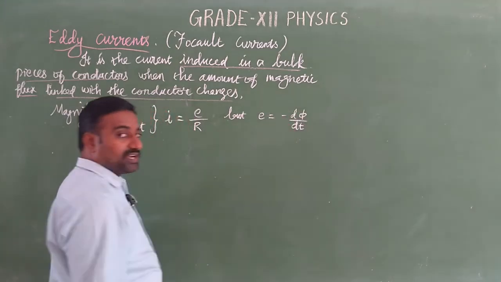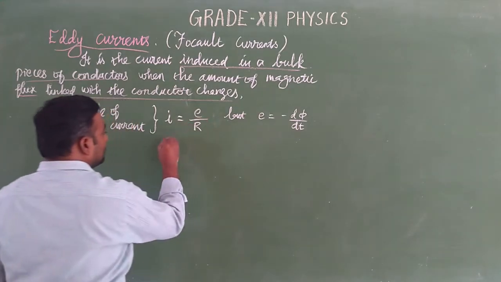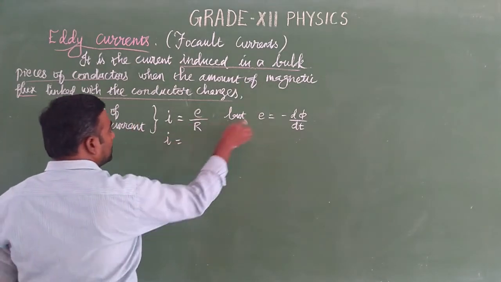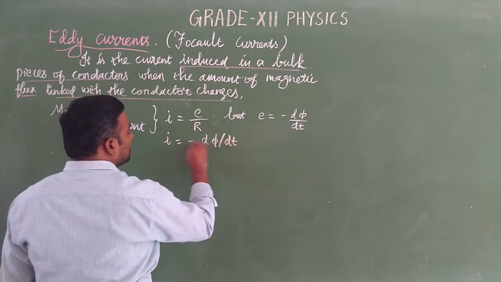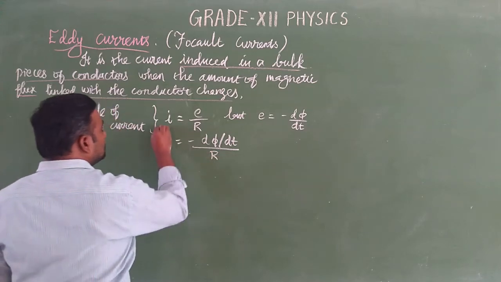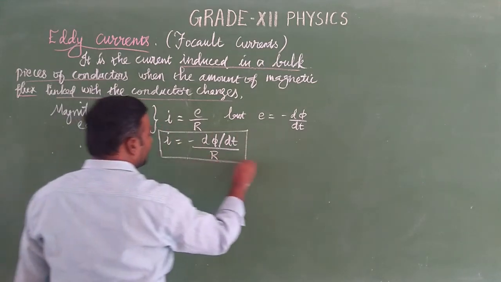The negative sign indicates what, that also we know. Then substitute it. Therefore the eddy current I is equal to minus dΦ by dt divided by R. So this is the eddy current value.